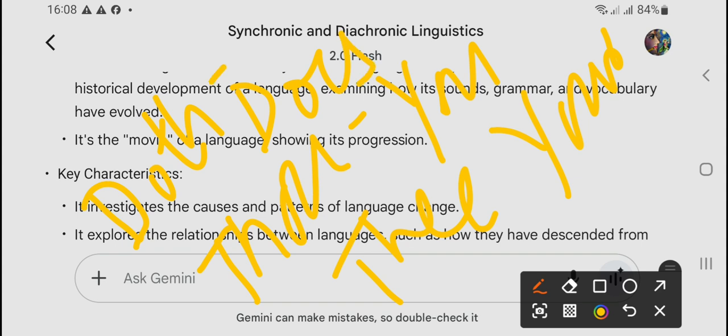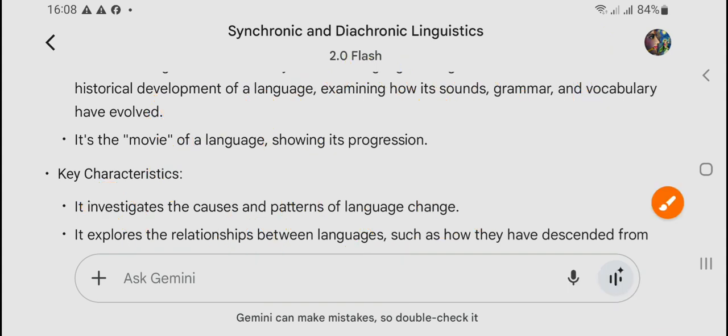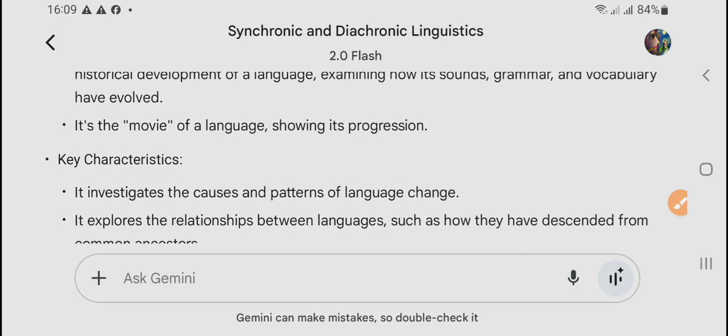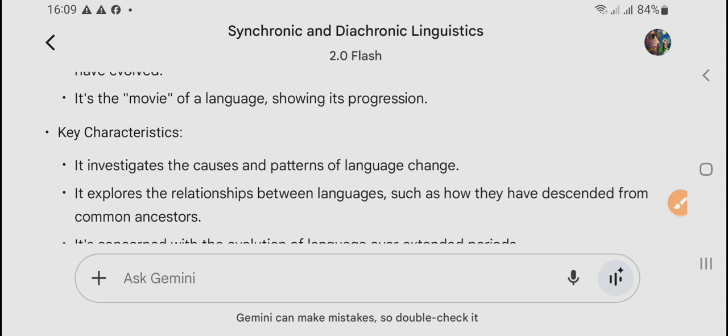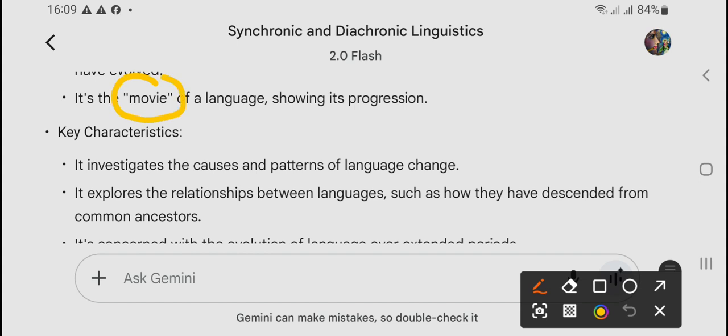So these are examples of how words are replaced from time to time. It's a gradual process, but they are replaced by new or modern terms. That is a part of diachronic linguistics, and it is the movie of a language showing its progression. So that is a complete movie, right?